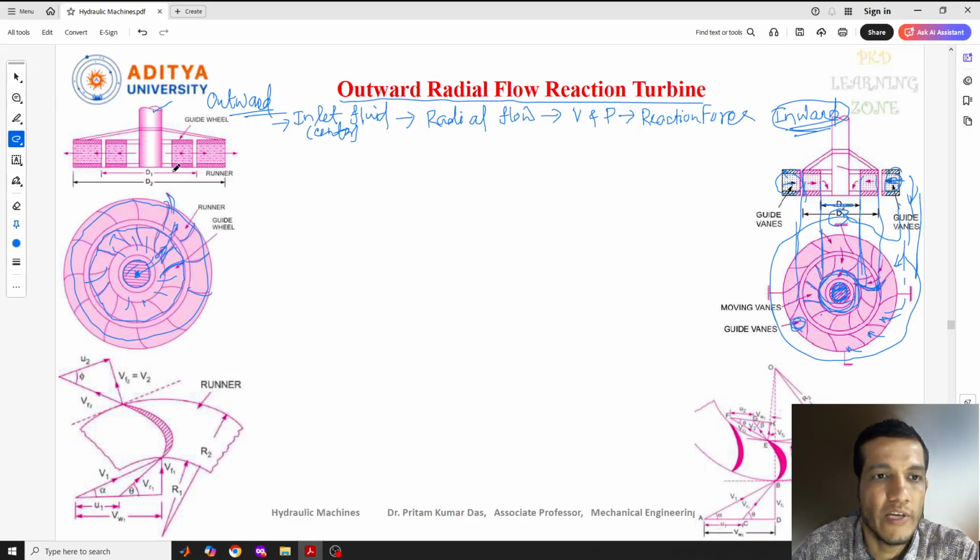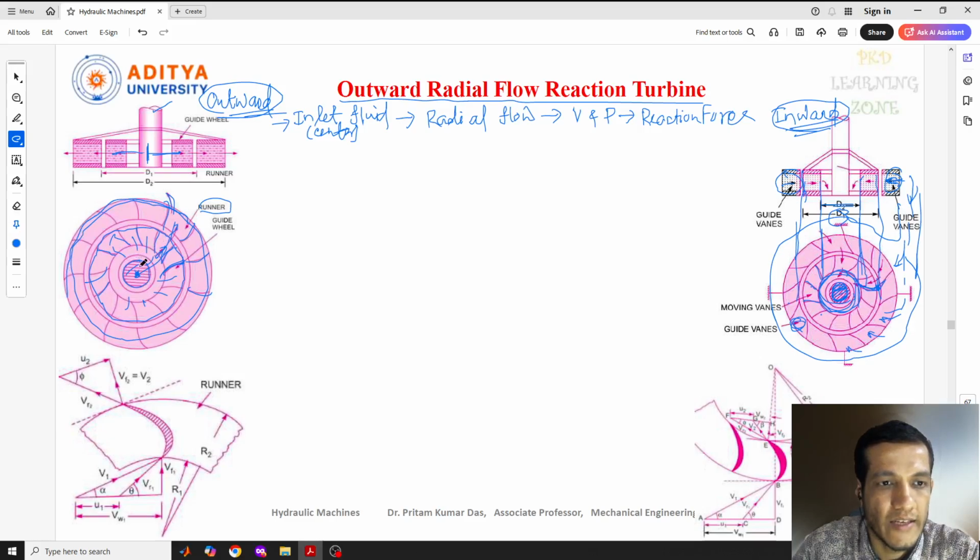But in the outward radial flow reaction turbine, what is happening? From the center, the water moves outside. Here the runner part is the outer part.